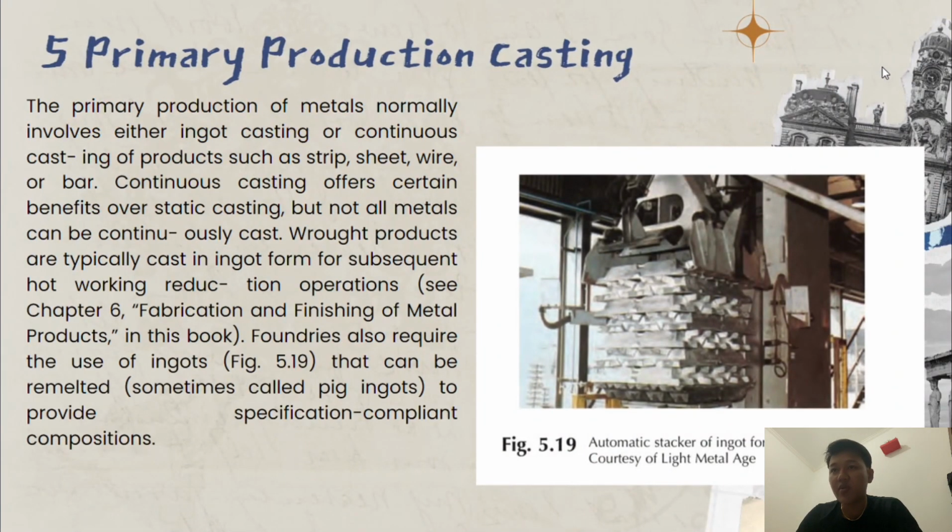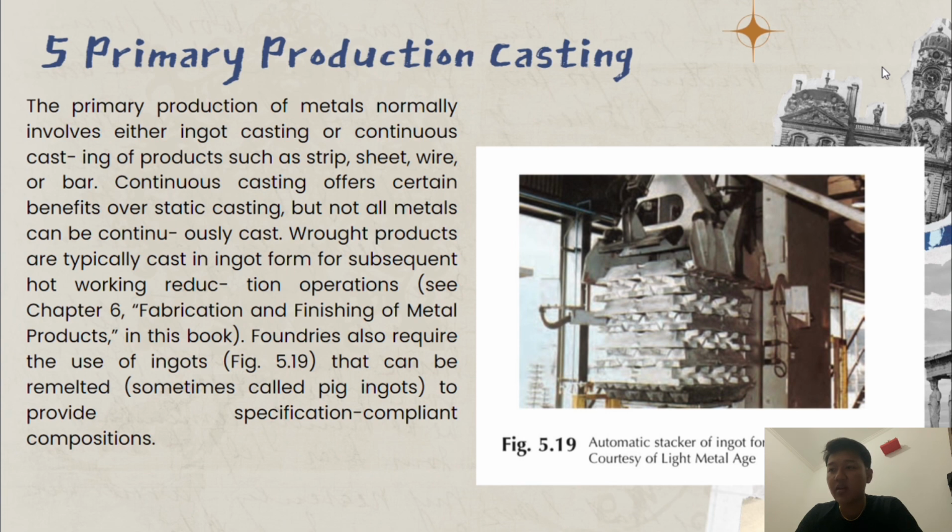5. Primary production casting. The primary production of metal normally involves either ingot casting or continuous casting of products such as strip, sheet, wire, or bar. Continuous casting offers certain benefits over static casting, but not all metals can be continuously cast.